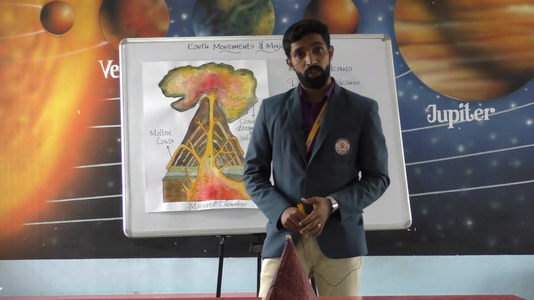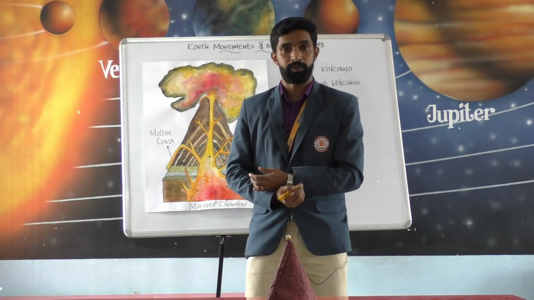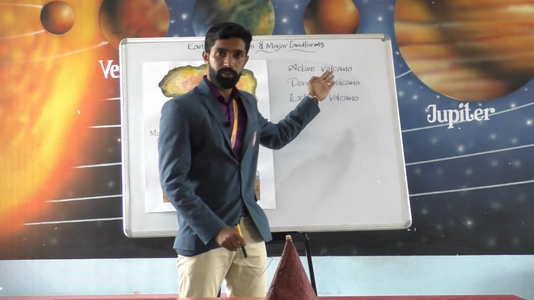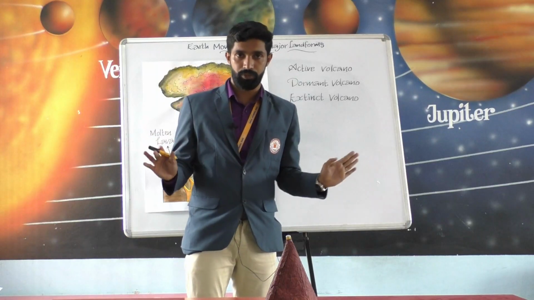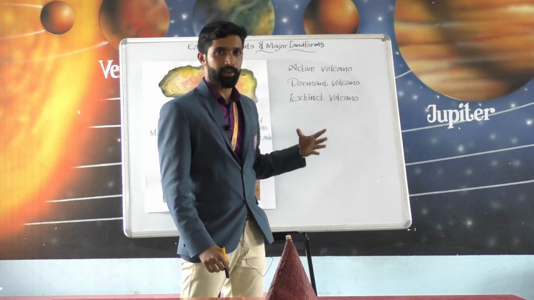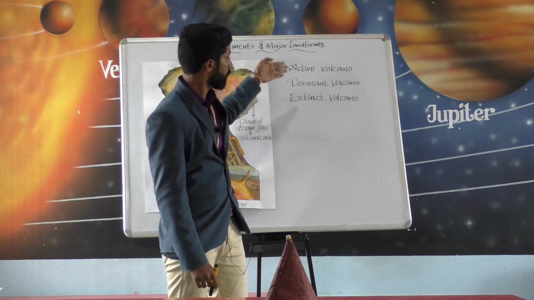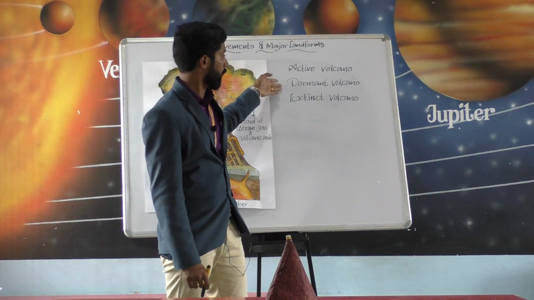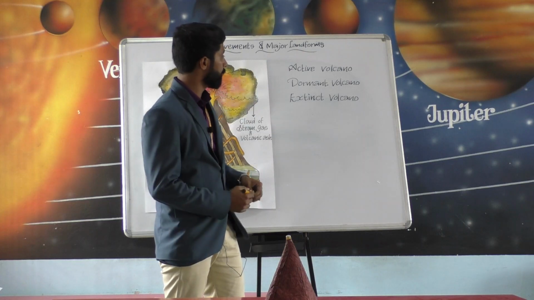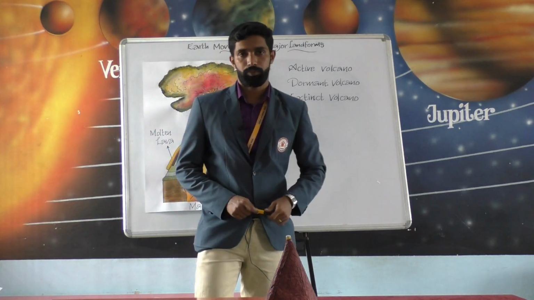On the basis of frequency of eruption, volcanoes can be divided into three types. You have already learned it in the 5th grade, so we will have a recap. The first is active volcano, the second is dormant volcano, and the third is extinct volcano.